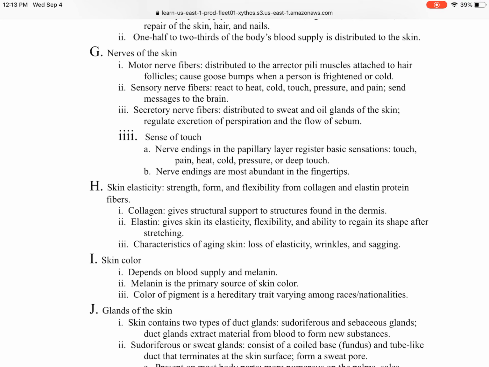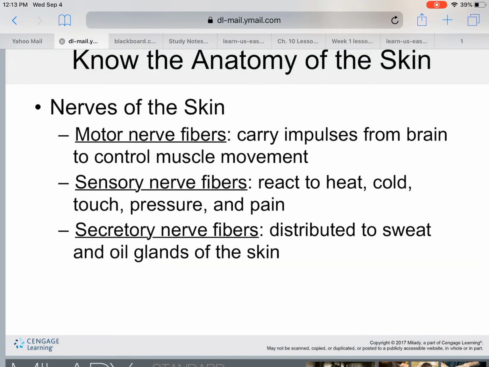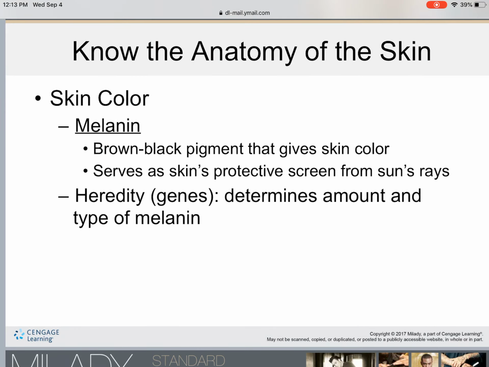Skin elasticity and skin color. Let's talk about skin color first. This word comes up again. The color of the skin, whether fair or dark, depends on genetics and melanin. Melanin, however, is the primary source of skin color.